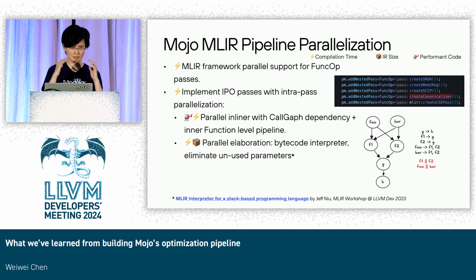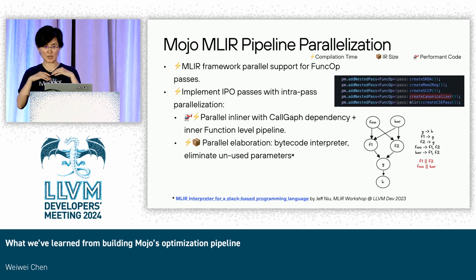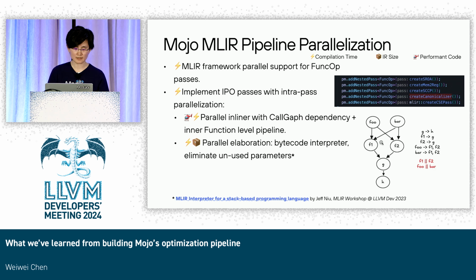When we implement inter-procedural optimizations like module-level passes, we also try to inject intra-pass parallelization. For example, for the inliner that we have at the MLIR level, we try to implement it so that within the pass we have parallelization. When we inline a call graph, we want to do it from bottom to top, and we want to inline the callees for every function.